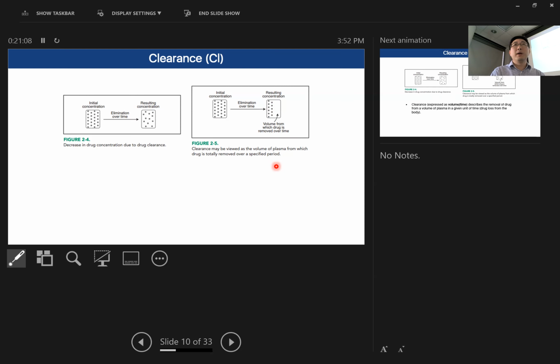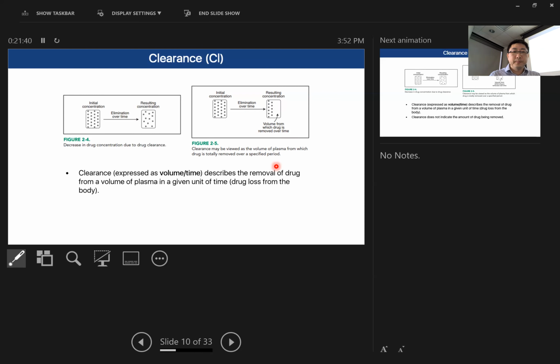So just remember, clearance is to clear the volume. That's why the clearance unit is liter per minute or liter per hour. Remember, volume distribution is the beaker example, and clearance is clearing the volume. These are the two things I always force myself to remember.